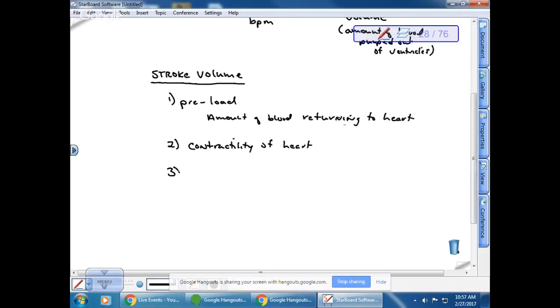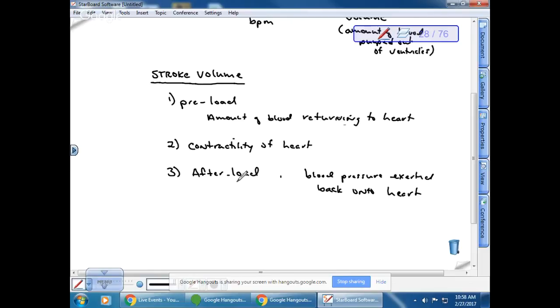And the third thing is what is called the afterload. The afterload is really important because this is the blood pressure that's exerted back onto the heart. If you have high blood pressure, your afterload is going to be greater and it's going to be harder for the heart to pump blood out against that pressure.